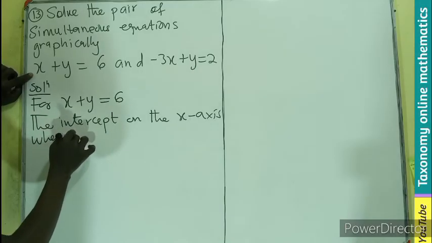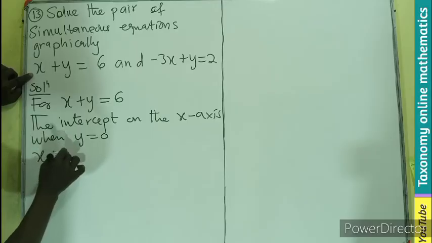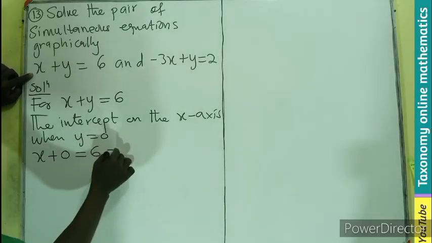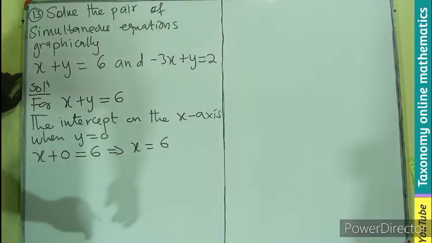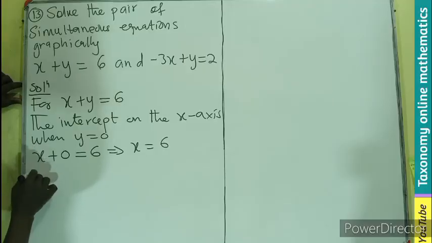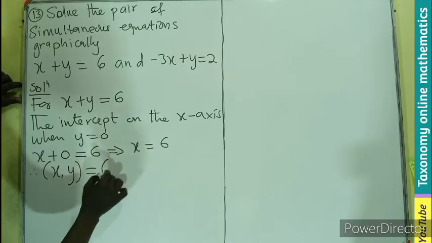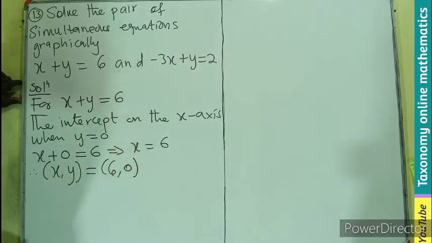So when y is 0, you have x plus 0 equals 6, that implies that x will be equal to 6. So now that we have the value, we indicate the coordinate. The x coordinate is 6, the y coordinate is 0. So that's the first point we will put on our graph.